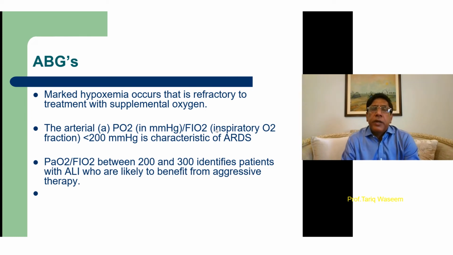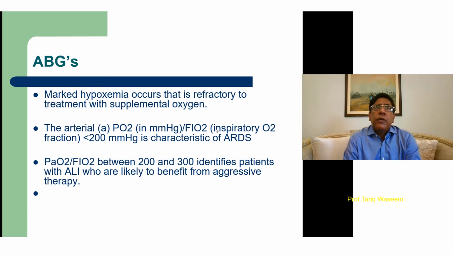Now, just an explanation of what we mean by FiO2: our normal room air, which we inhale and keep on breathing all day long, contains 21% oxygen and almost 78% or 79% nitrogen, which is neutral, and a few other minor gases like CO2, right?